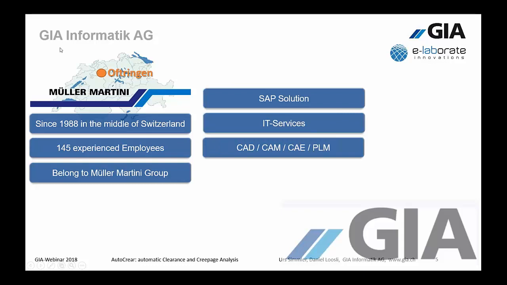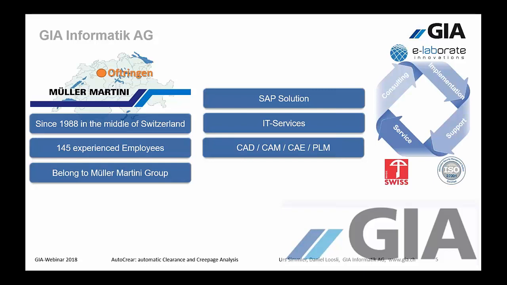We have three services we can offer. One service is in the SAP environment. We have our own IT services, and the third one is about CAD and PLM solutions. I'm working in the CAD and PLM solutions.